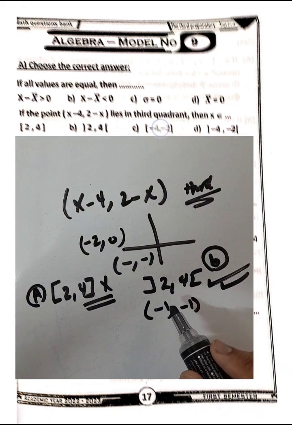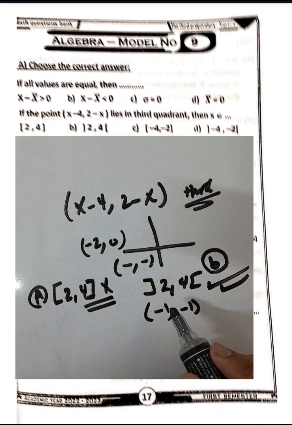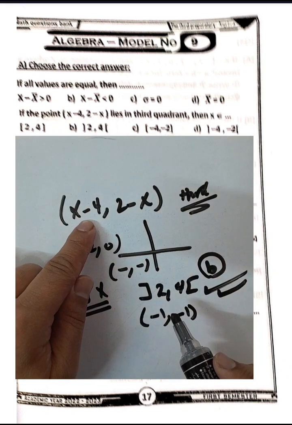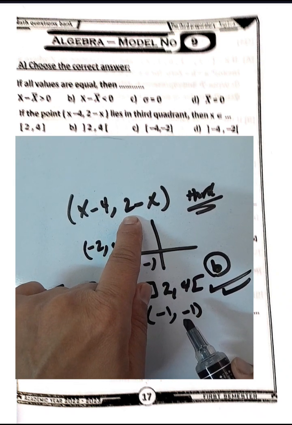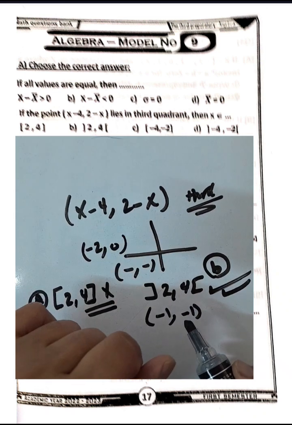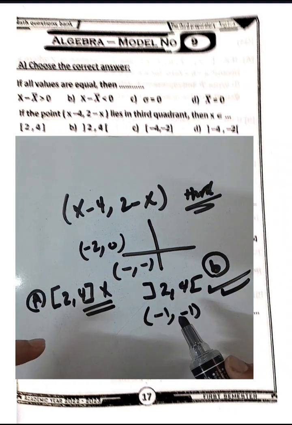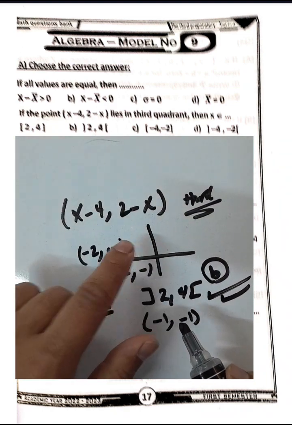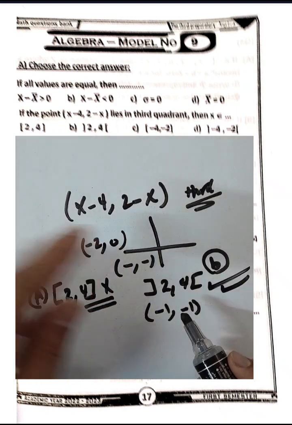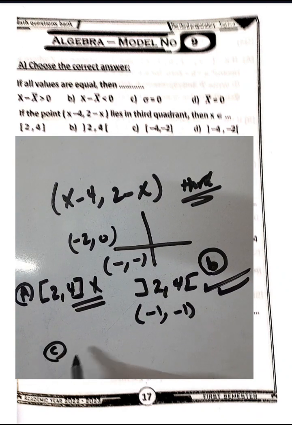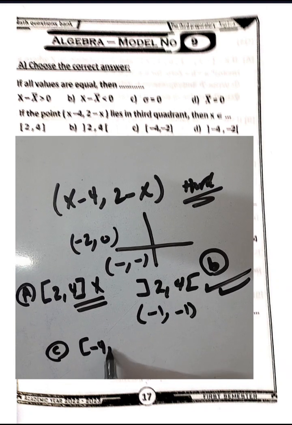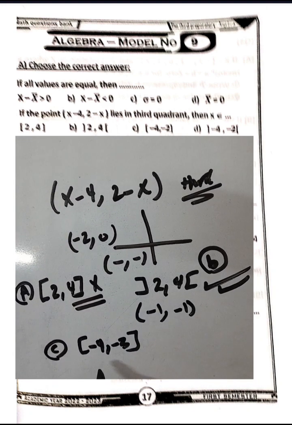From negative 4 to negative 3, closed. Put negative 4 here: it will be negative 8, and here negative 6. And put negative 3 again: it will be negative 7. Again, letter C gives us the interval from negative 4 to negative 3.